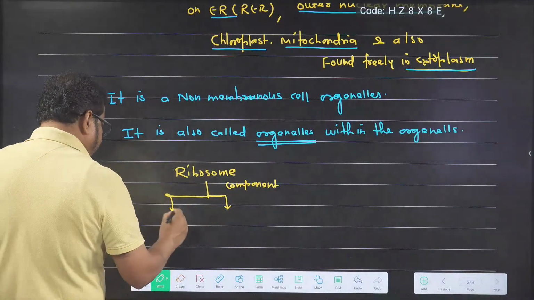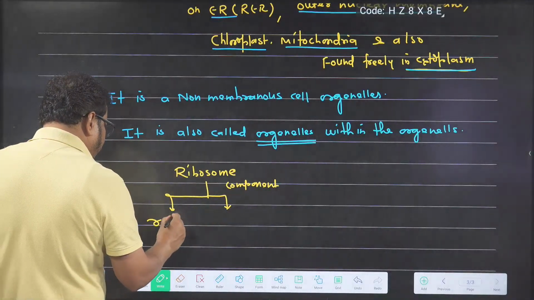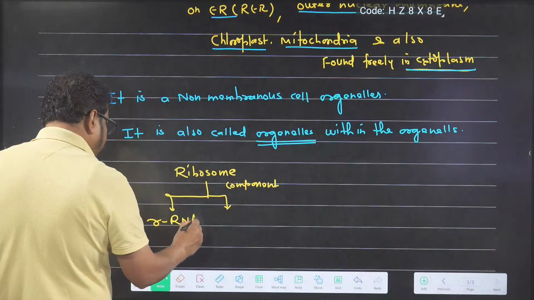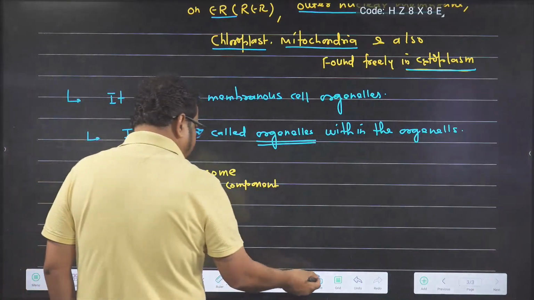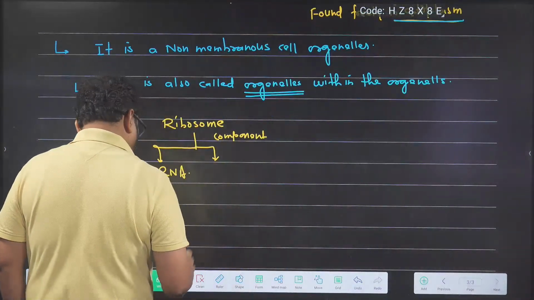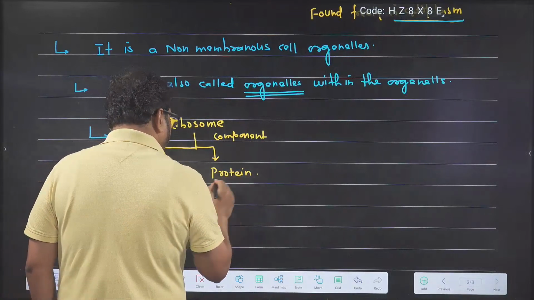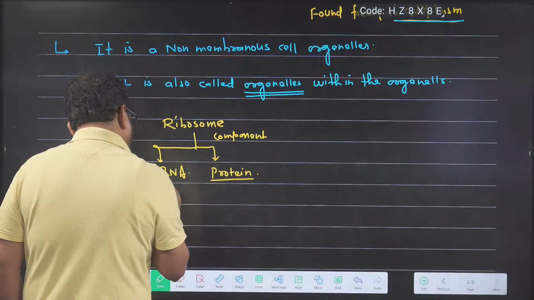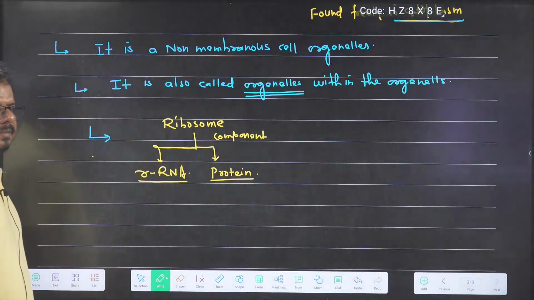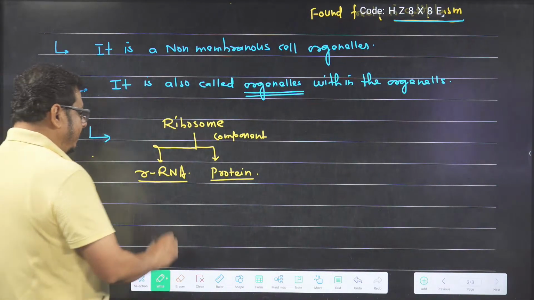One component is ribosomal RNA, and another component is protein. So ribosome is made up of two components, ribosomal RNA and protein. It is made up of two things.